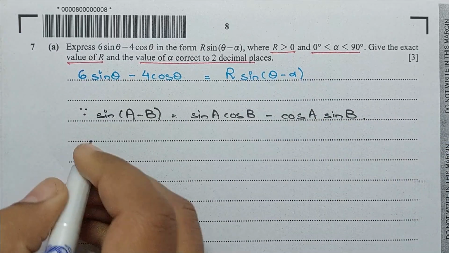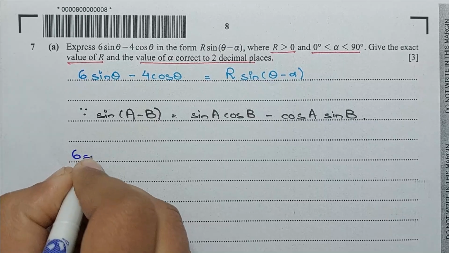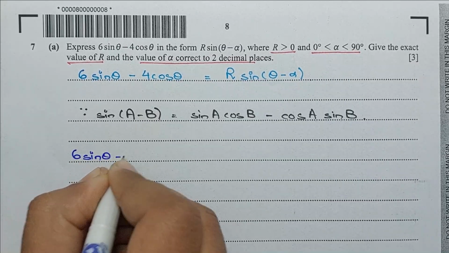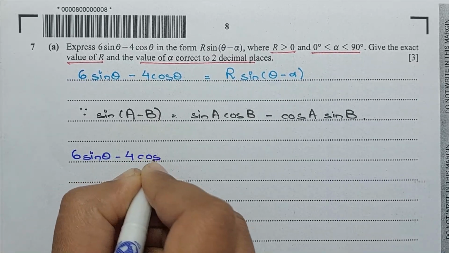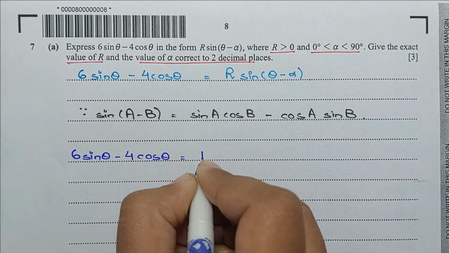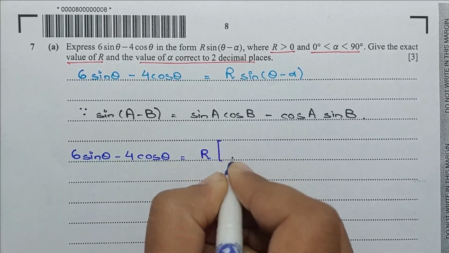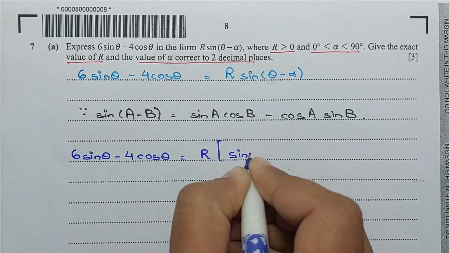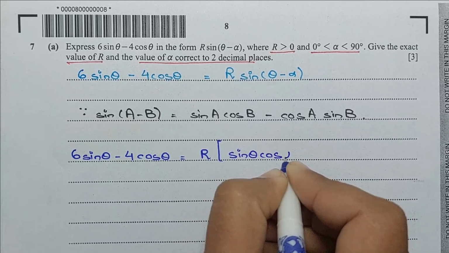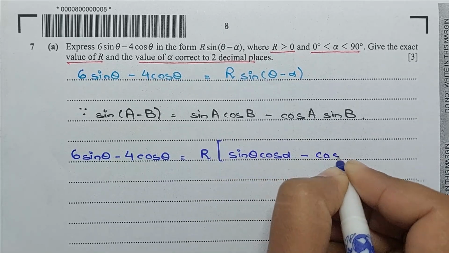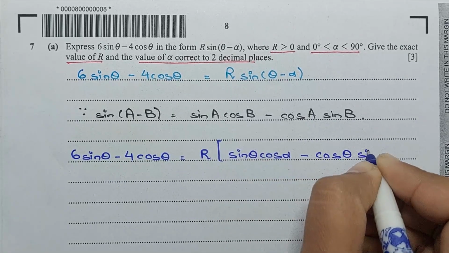Let me open this formula and we can say 6 sine theta minus 4 cos theta equals r sine theta cos alpha minus cos theta sine alpha.